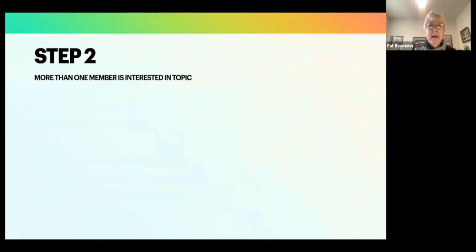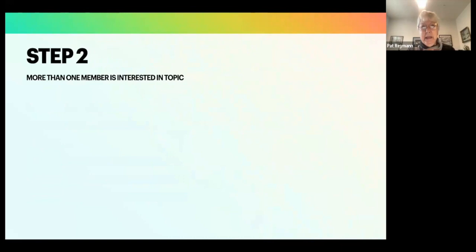Okay, step 2. This makes sure that more than one member is interested in the topic. Sometimes people come to a meeting with a pet idea, and if they don't get any traction at one meeting, they'll mention it again. And if they don't get any traction at the second meeting, they'll mention it again.